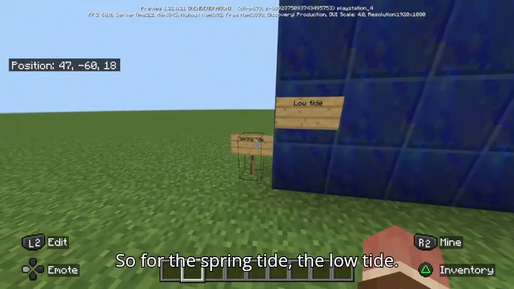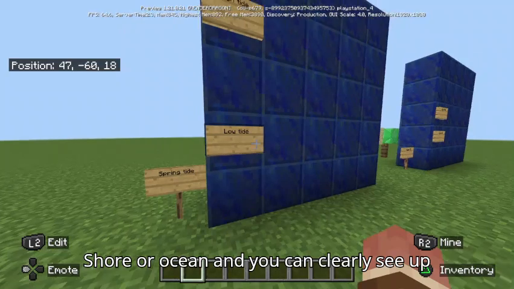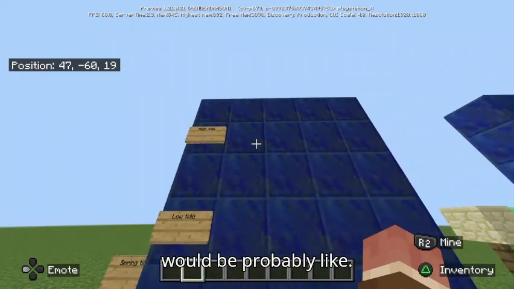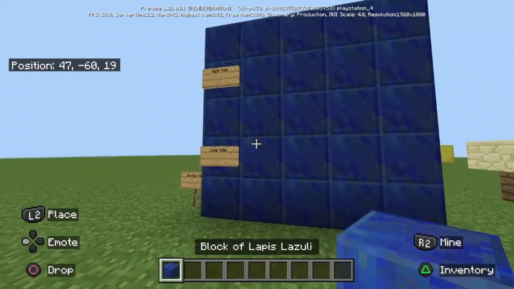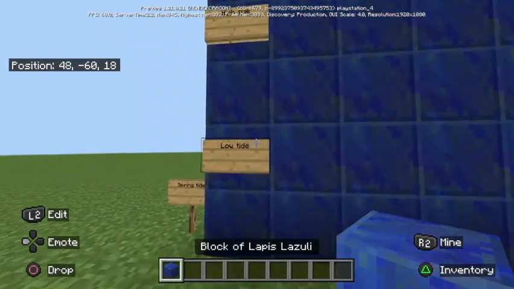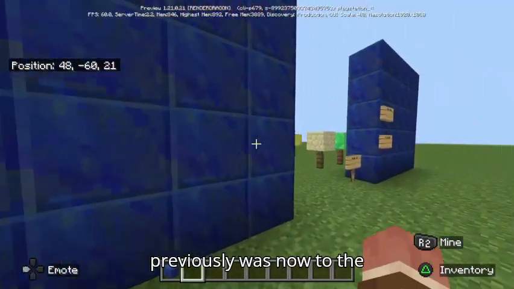For the spring tide, the low tide would be at this point of the shore or ocean. And as you can clearly see up here, that's the high tide, which would probably be a couple feet away from where the low tide previously was.